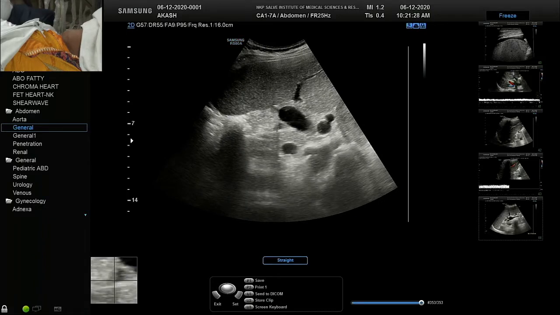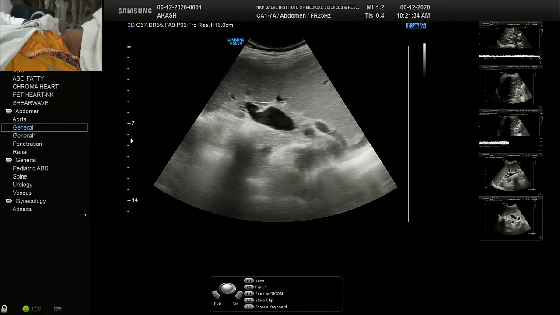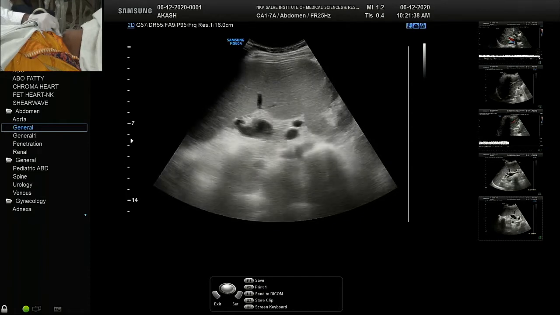So we'll measure the vein at the hilum. It is 15 millimeters, quite big.